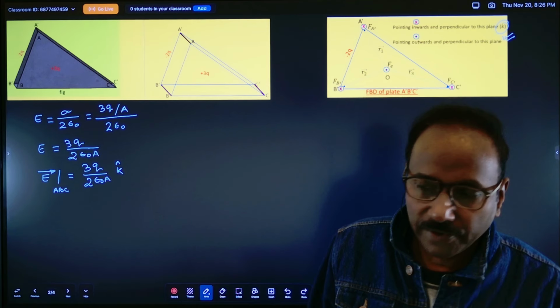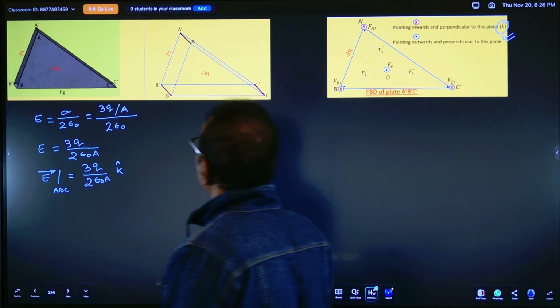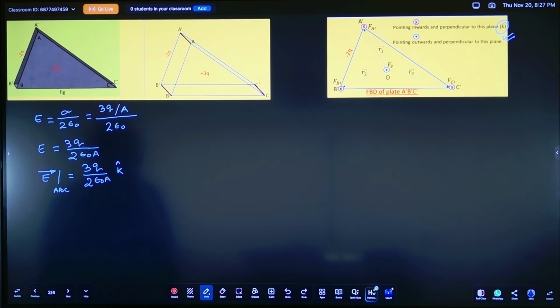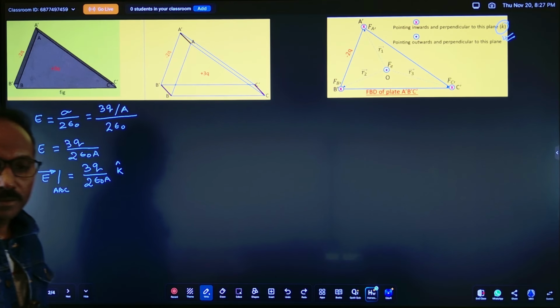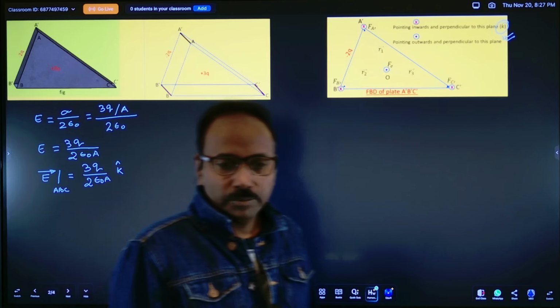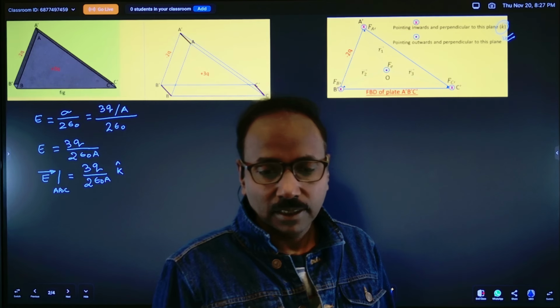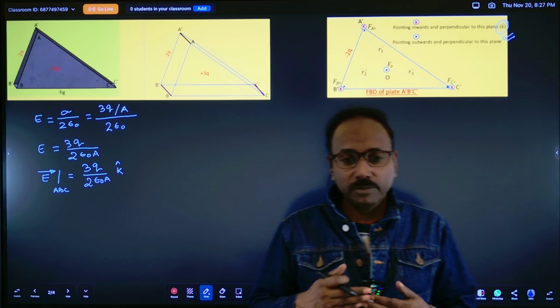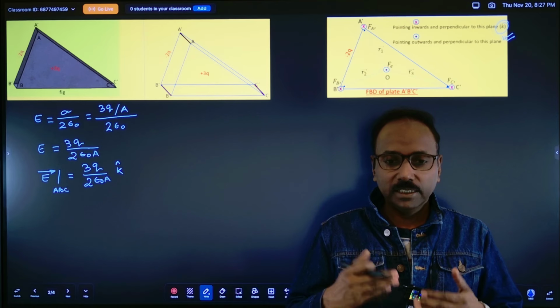The electric field intensity in between the plates will be uniform. Why? Because we are taking the electric field intensity in the proximity of that plate. Why this proximity?